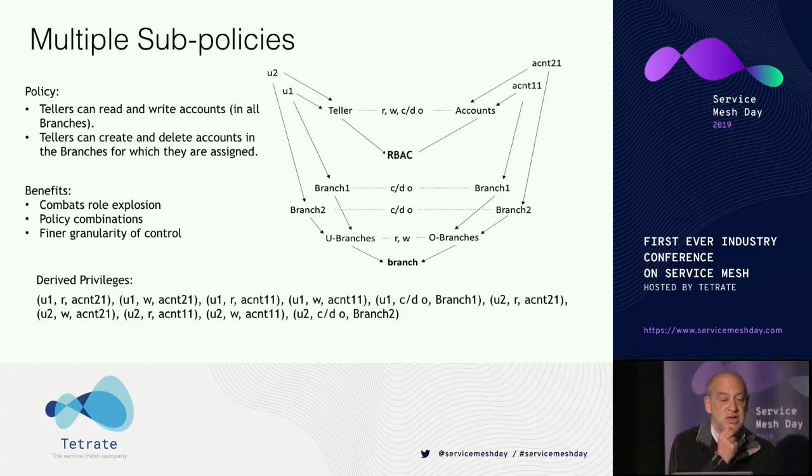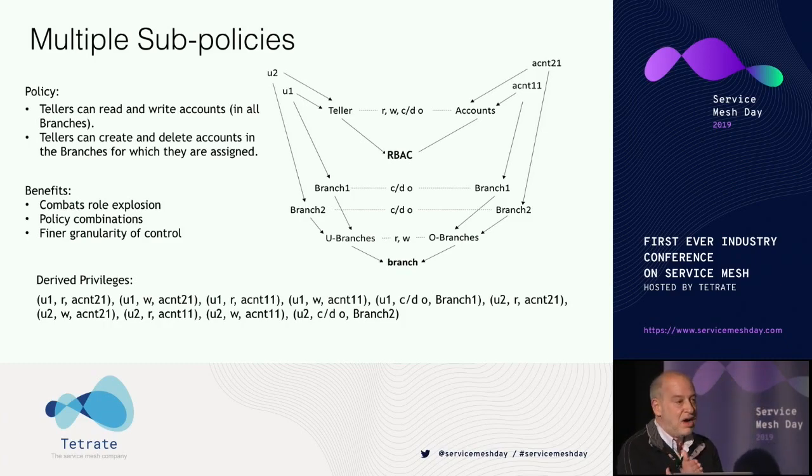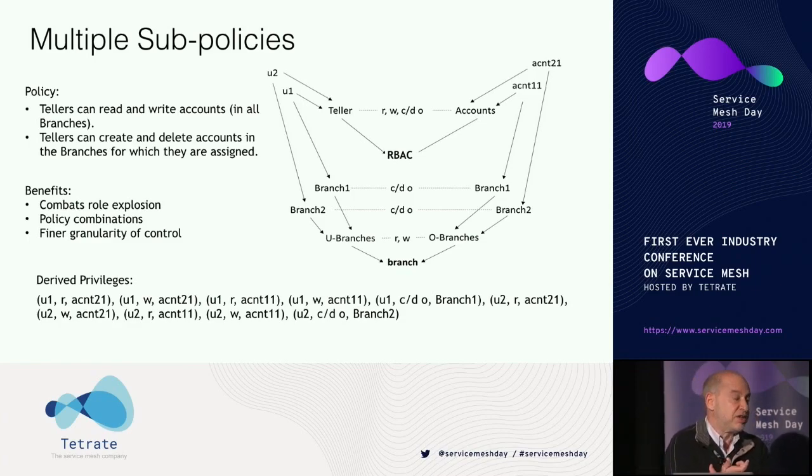We can try and do this through role-based access control, but you would have to have a teller for branch 1, teller for branch 2, and it would basically be the number of roles times the number of branches that you would need, but through combinations it's additive versus multiplicative.